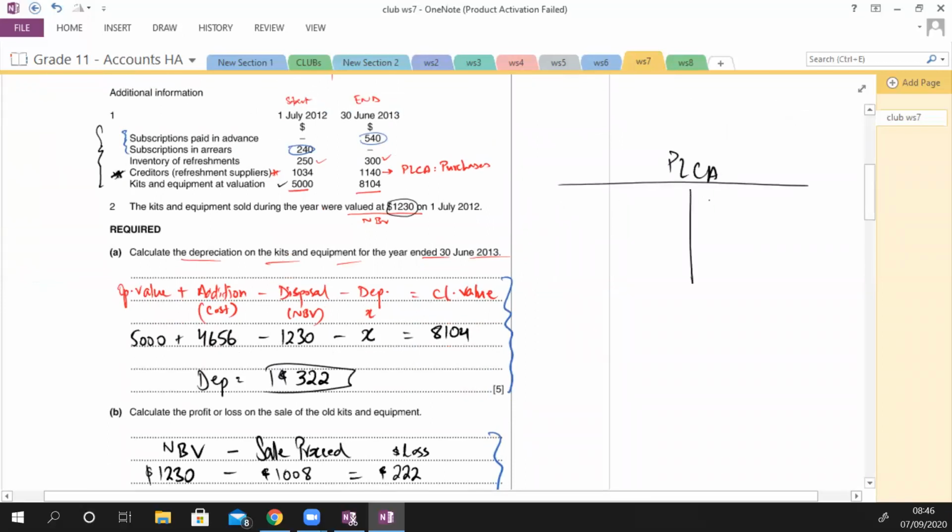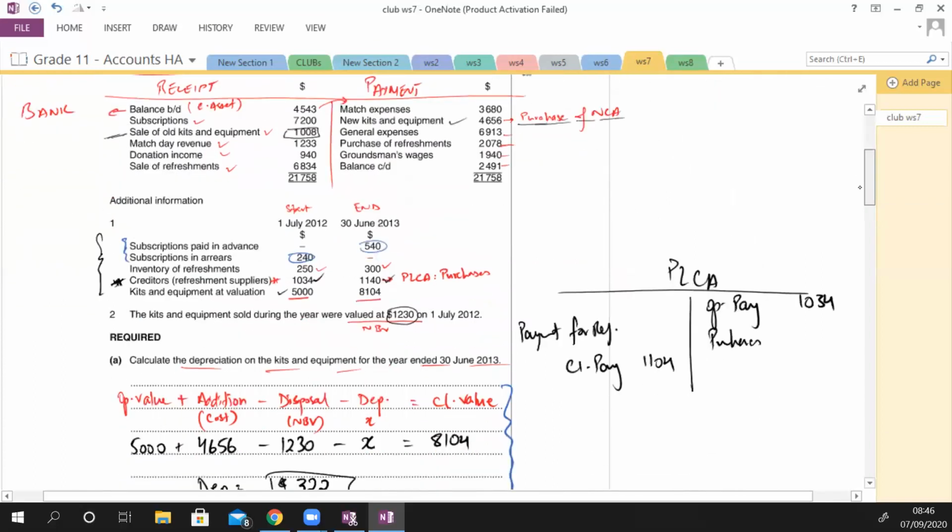Consider the control account: opening payable, closing payable, purchases, payment for refreshment. Opening creditor is 1034. Closing payable is 1104. Payment for refreshment is on the payment side, and purchase of refreshment is 2078.